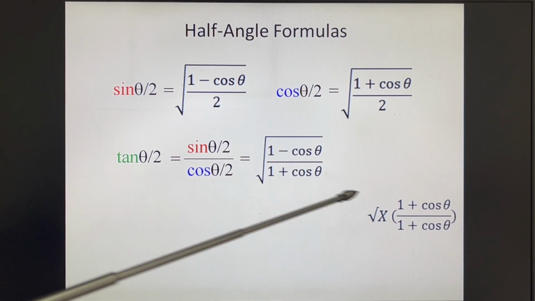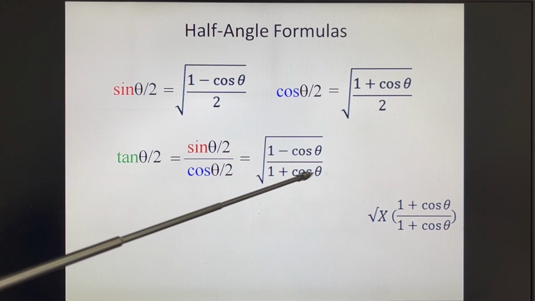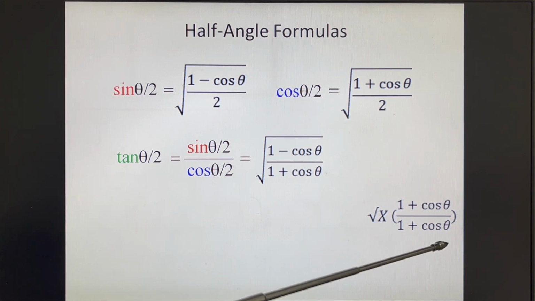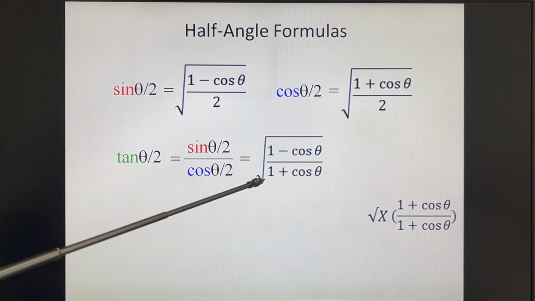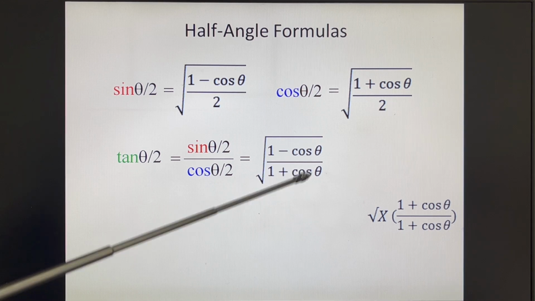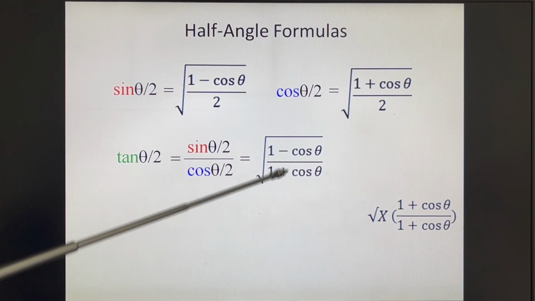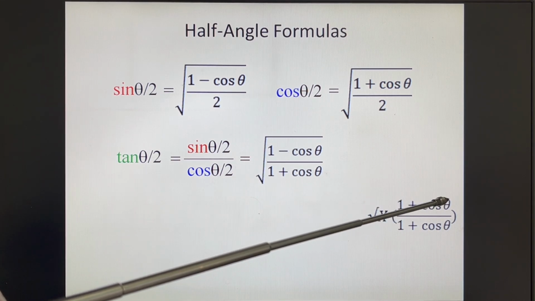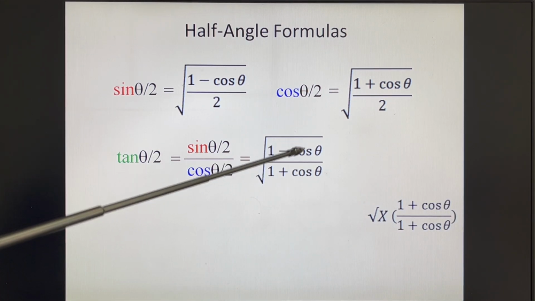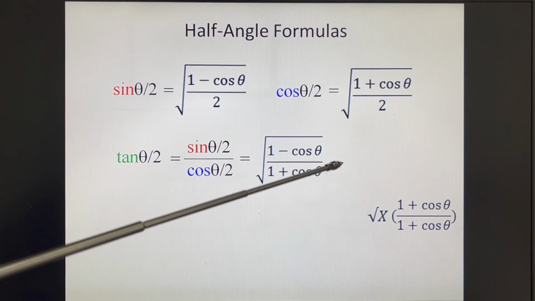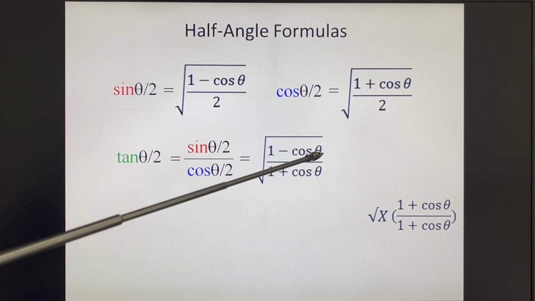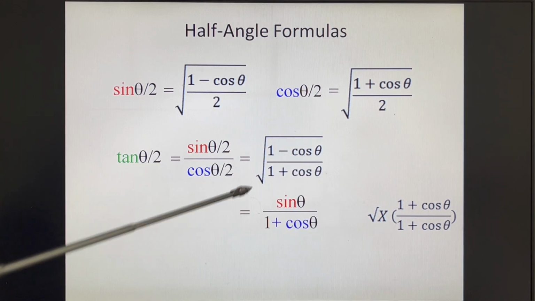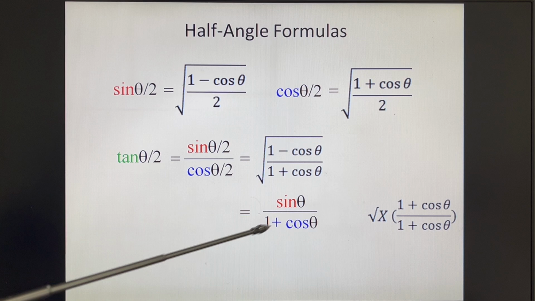We see this is 1 plus cosine theta over 1 plus cosine theta, that is 1 plus cosine theta squared. And we take square root, we get 1 plus cosine theta. Here, 1 minus cosine theta times 1 plus cosine theta, we get 1 squared minus cosine squared theta. That is 1 minus cosine squared theta. That is sine squared theta. So we get sine theta over 1 plus cosine theta.